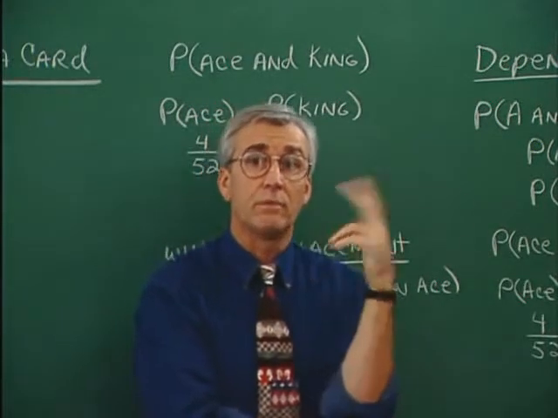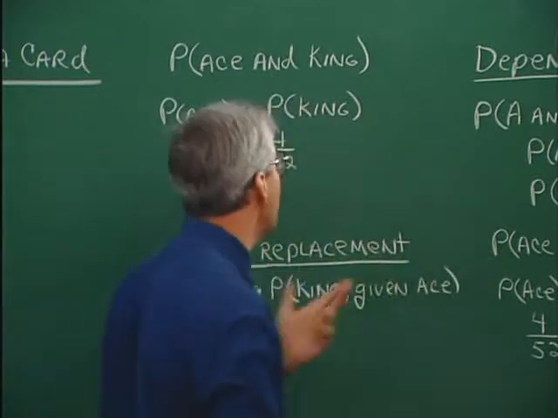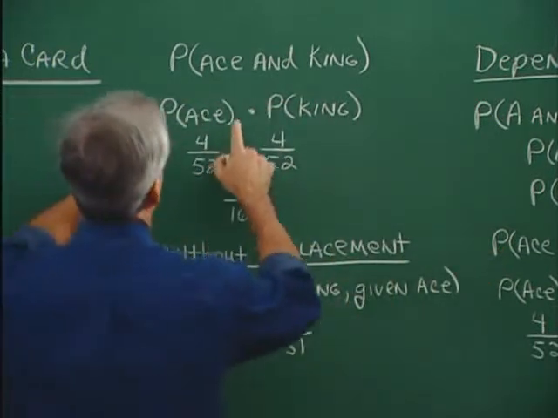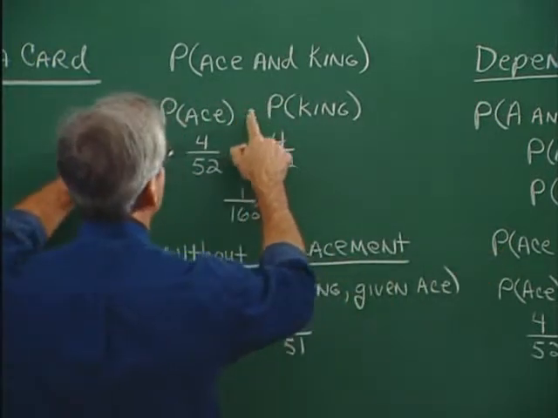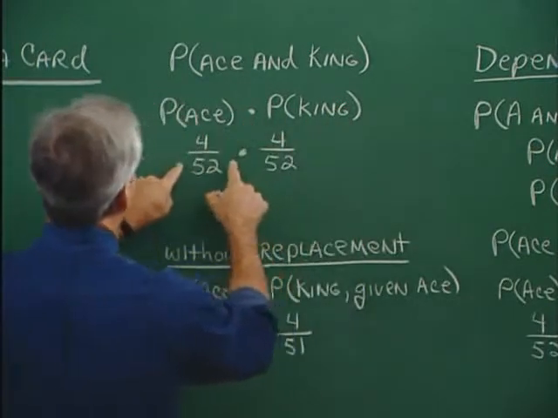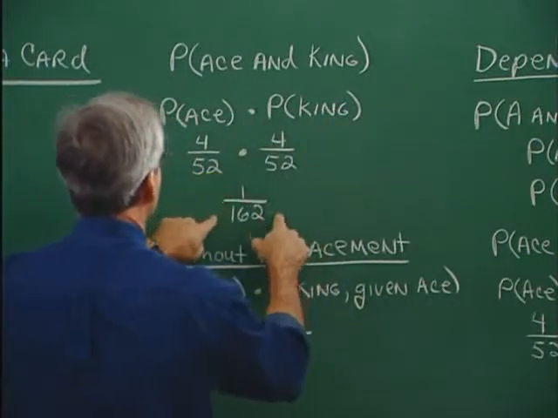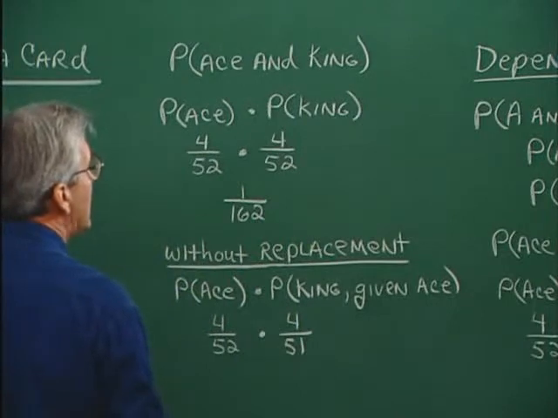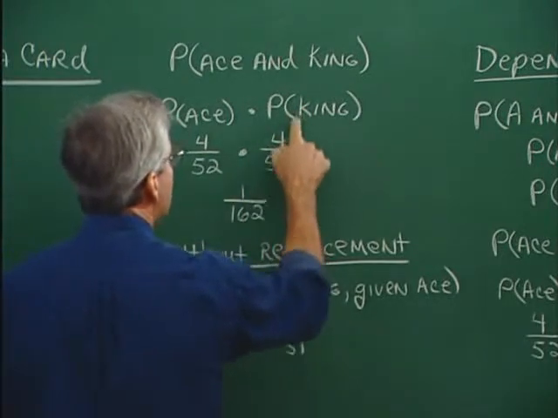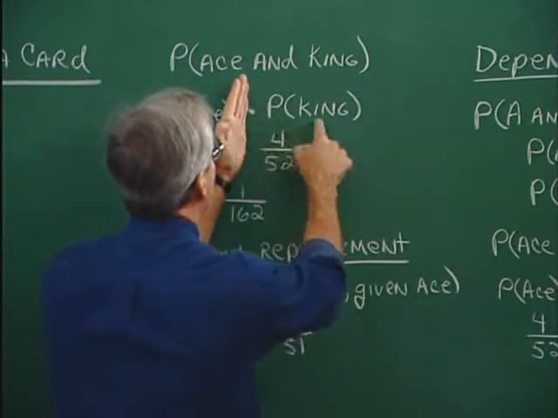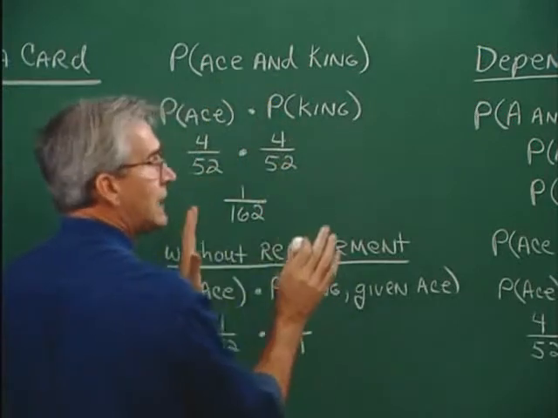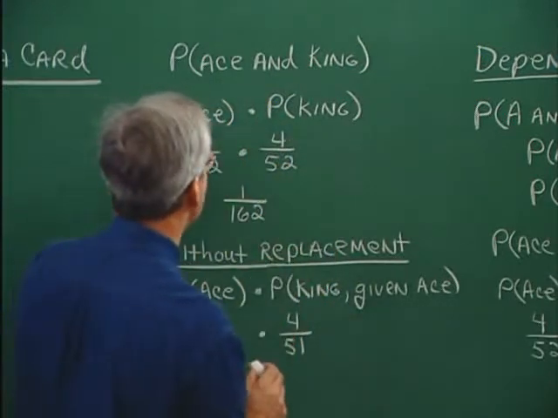Let's assume that we're going to put the first card back. Okay, if we do that, then it's worked this way. The probability of ace times the probability of king, or 4 over 52 times 4 over 52, or 1 over 169. Now, this probability stayed as we would expect it for drawing a king out of a full deck of cards, simply because we replaced the ace.